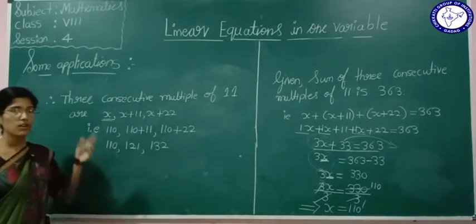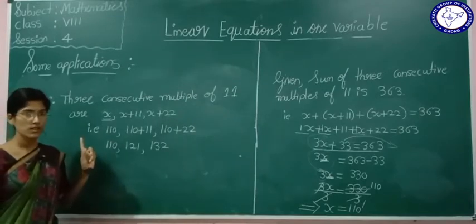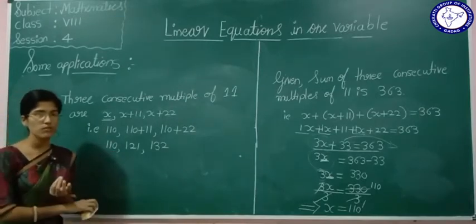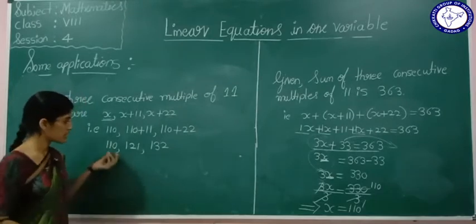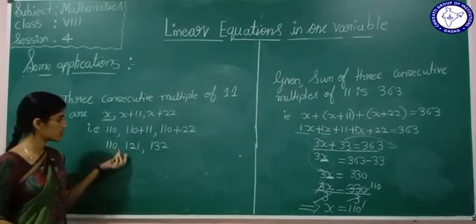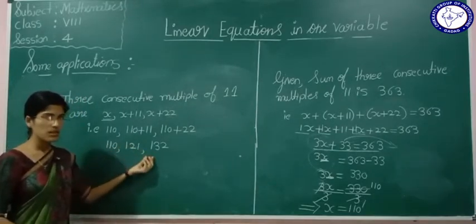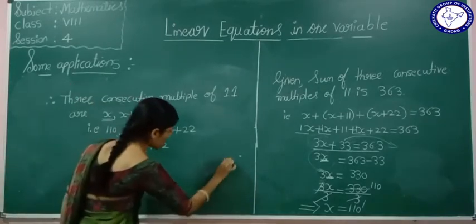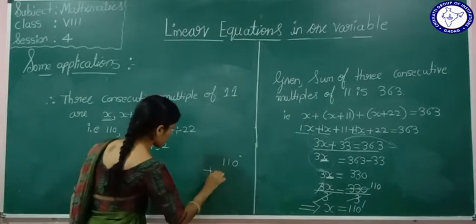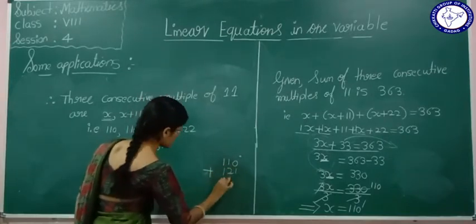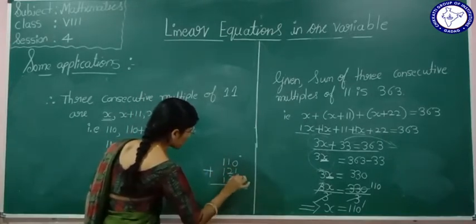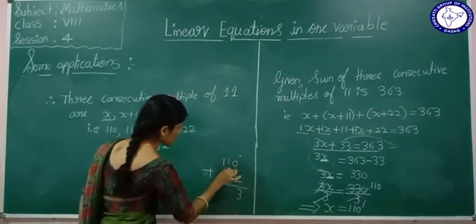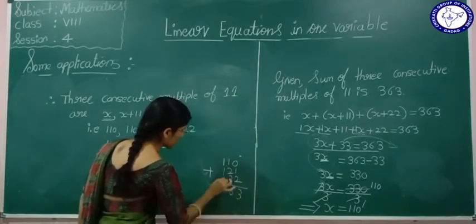What did they tell us? Find the three consecutive multiples of 11 such that the sum of these consecutive multiples of 11 is 363. Add this, we will do the verification. 110 plus 121 plus 132. 2 plus 1 is 3. 3 plus 2 is 5. 5 plus 1 is 6. 1, 2, 3.